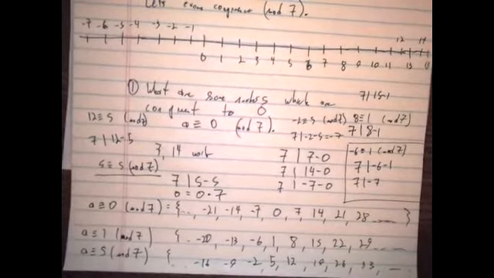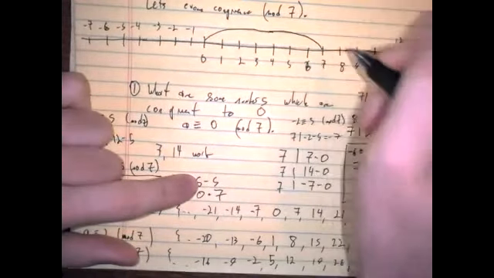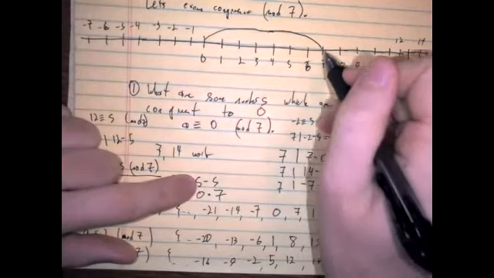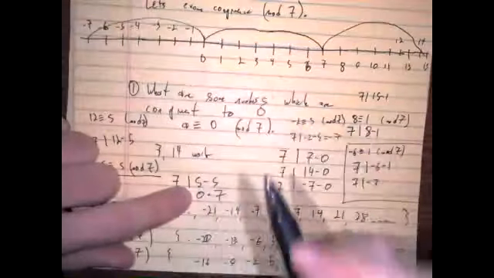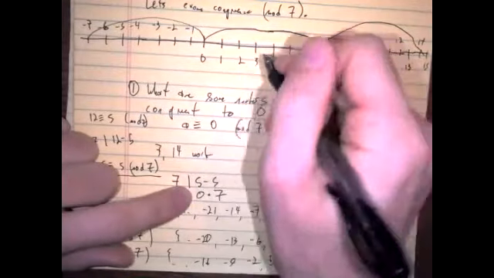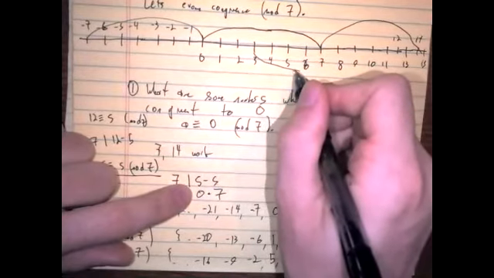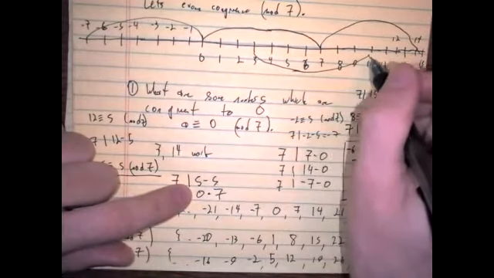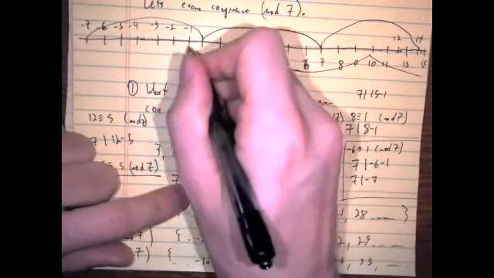So we're kind of getting the feel for what things are congruent to each other, modulo 7. The things that are congruent to 0 are all the things that are some multiple of 7 away from 0. The things that are congruent to 3 modulo 7 are all the things that are a multiple of 7 away from 3. 1, 2, 3, 4, 5, 6.